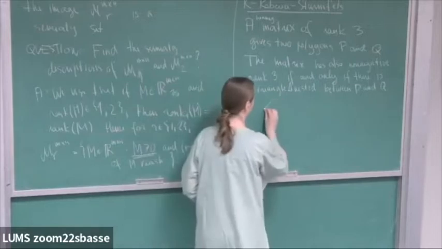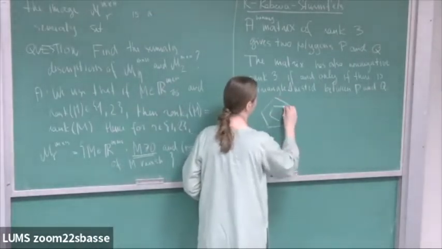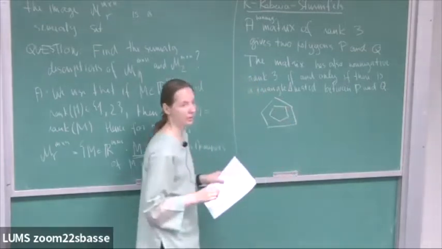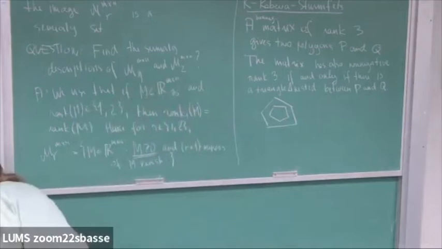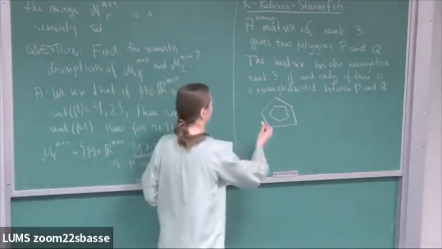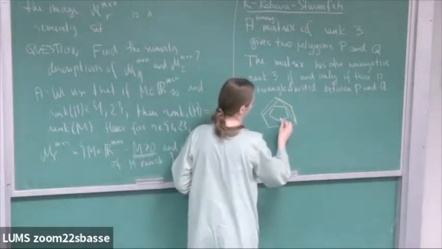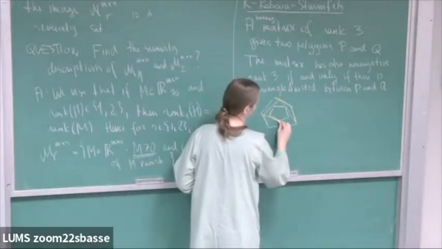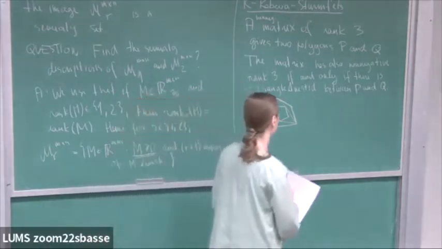So we have 2 polygons, and we would like to know: is there a triangle in between them?